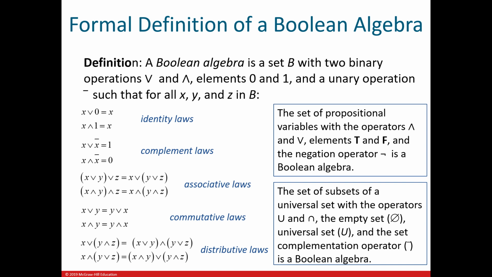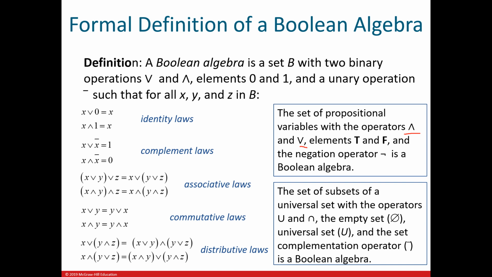Now these are some identity laws, and in this case they have shown them using the binary operations or and and, along with the elements 0 and 1. The set of propositional variables with the operators and, or, the elements true and false, and the negation operator is also part of Boolean algebra.